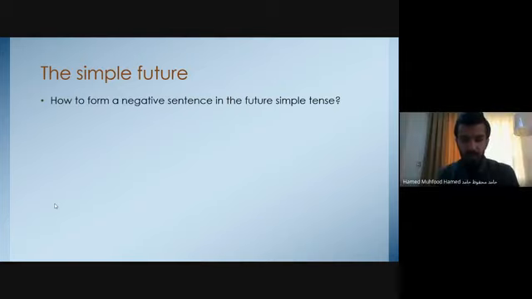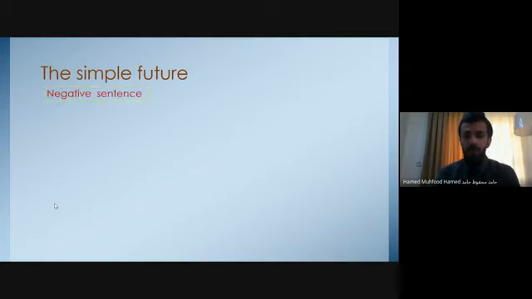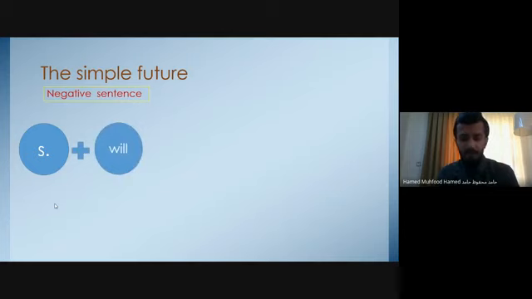Yes, that's right. So the negative sentence in the simple future tense is formed by following this formula mentioned by Mustafa, which is started, of course, by a subject, and then we should have the auxiliary verb will again, and it's so important.